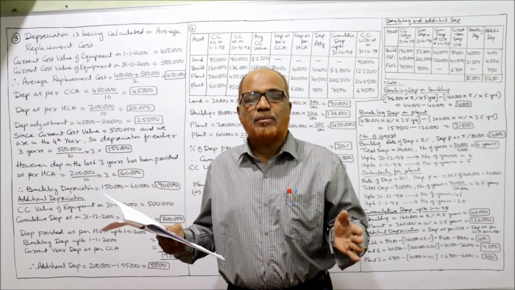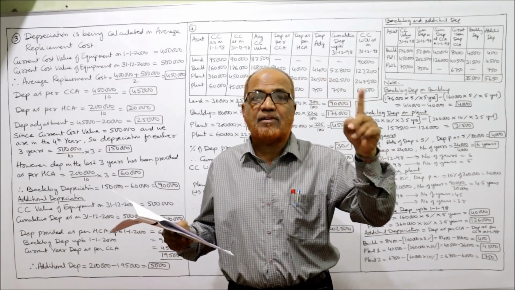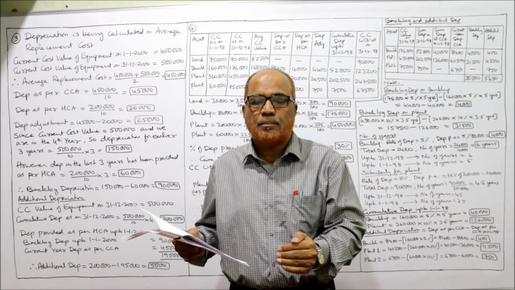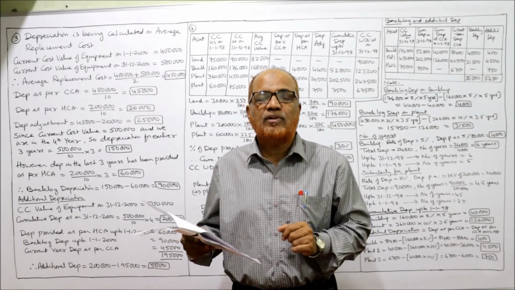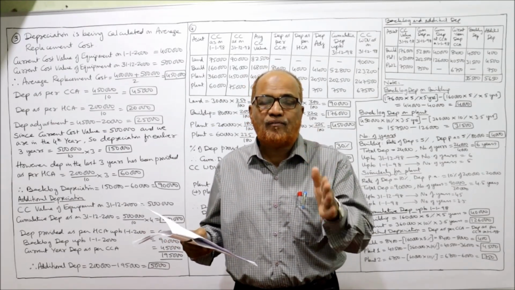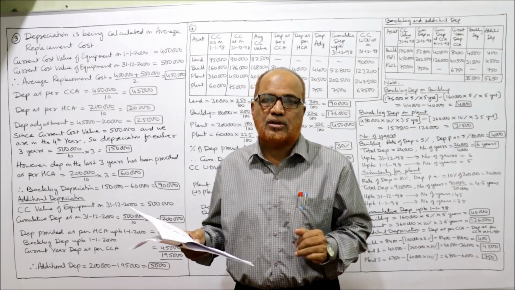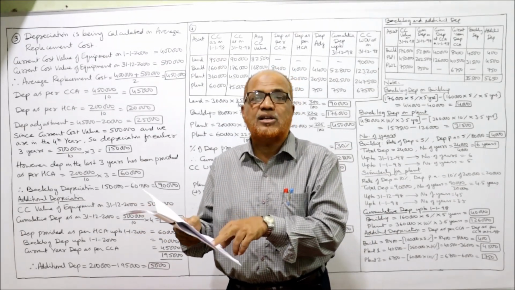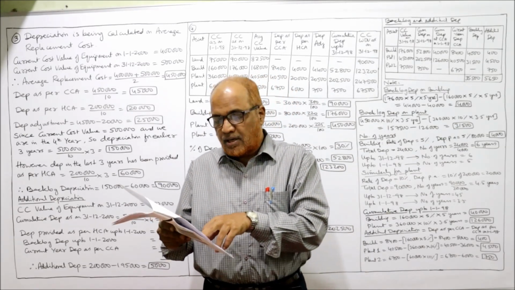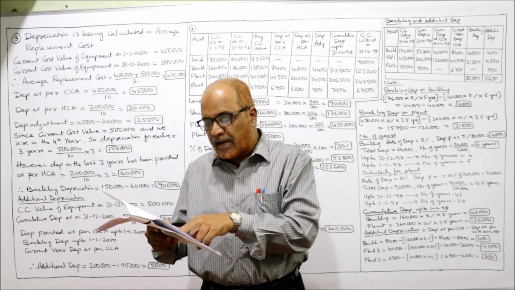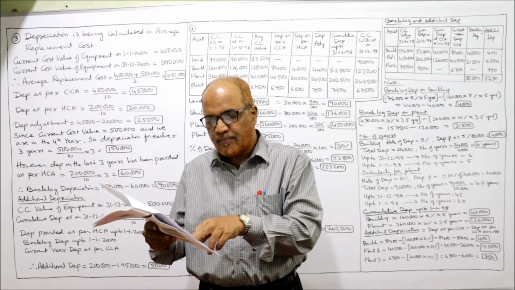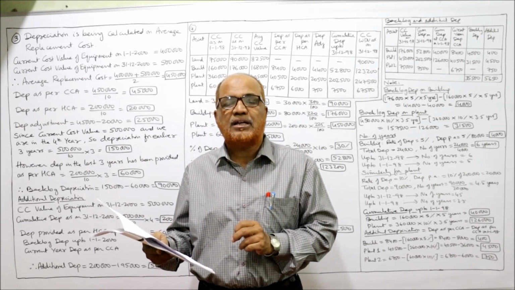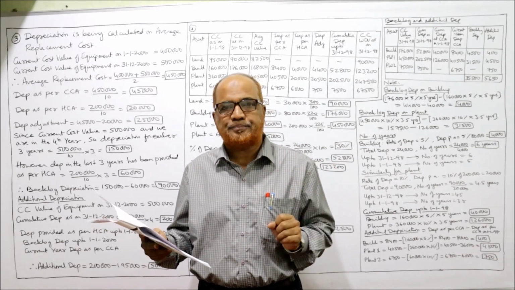Actually we purchased the machine on 1st January 97 for rupees 2 lakh. Now if we replace it by a new machine, the new machine will cost 4 lakh rupees on 1st January 2000, and on 31st December 2000 its value further increased to 5 lakh rupees. Sun Limited has decided to prepare an inflation adjusted balance sheet that will form part of its annual report using the CCA method, current cost accounting method.